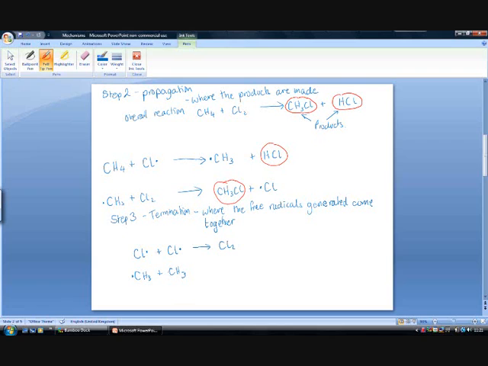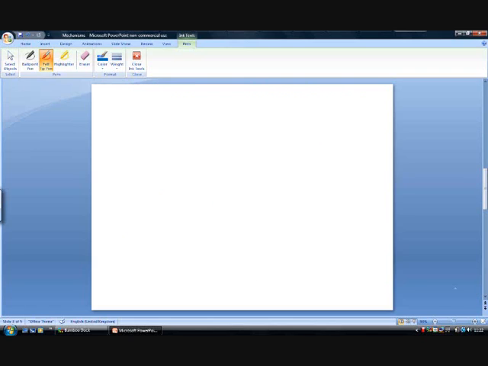Alternatively, we could have 2 methyl radicals coming together, and that will make ethane, CH3CH3. Or we could get a methyl radical and a chlorine radical coming together, and that will make more chloromethane. So those are the 3 termination reactions.